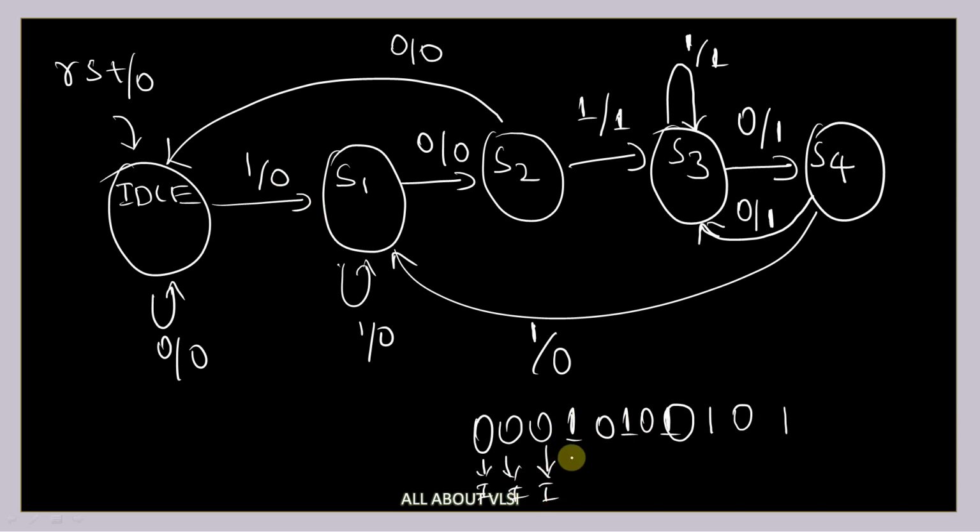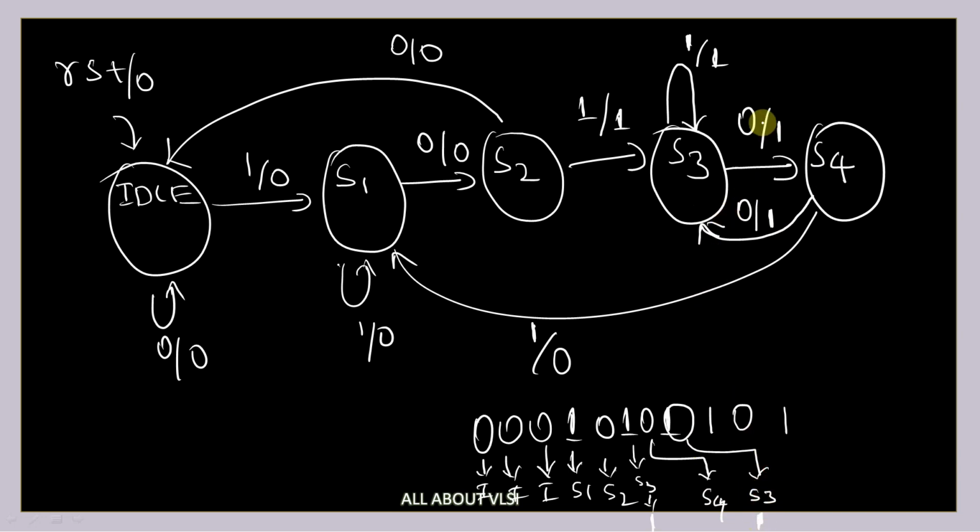And if I get 1, I'm going to S1 state. And if I'm getting 0, I'm going to S2 state. And if I'm getting 1, I'm going to S3 state, and my output is equal to 1. Now, if I get 0, I'm going to S4 state, and if I'm getting one more 0, I'm going to S3 state. And still my output is equal to 1, if you carefully observe.